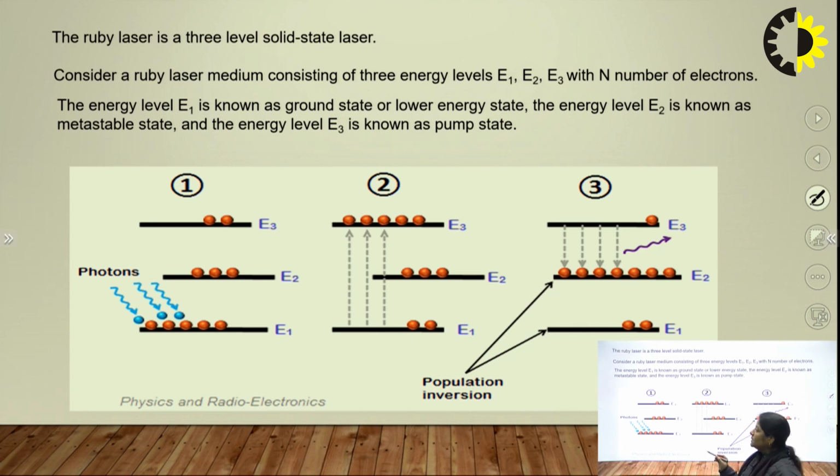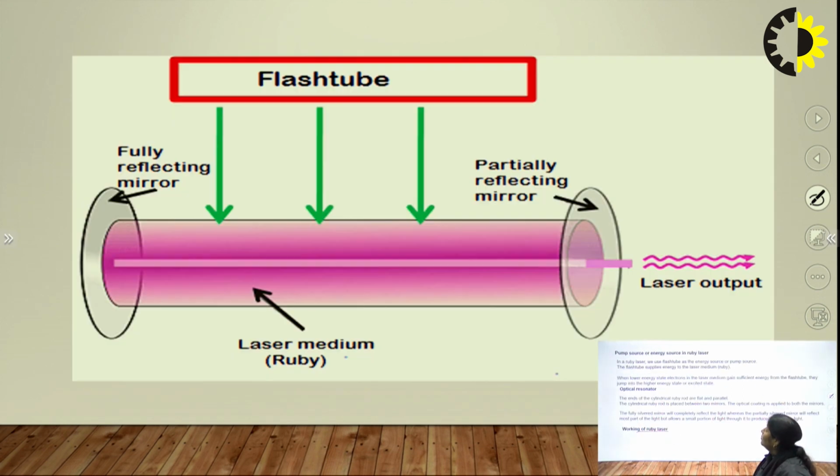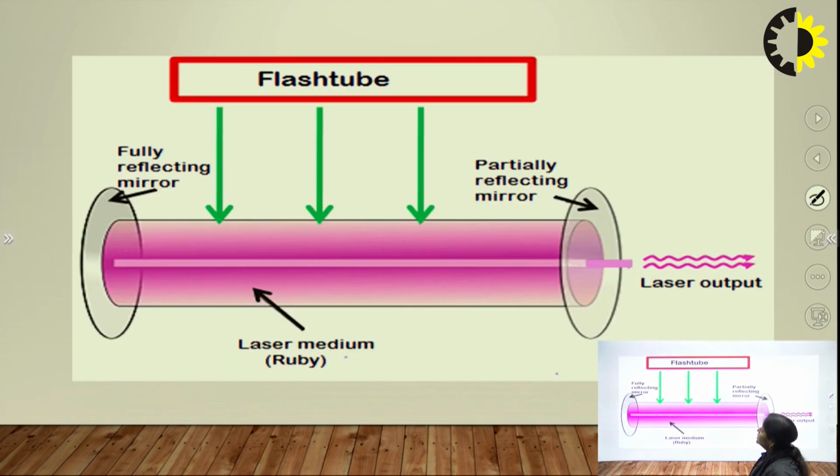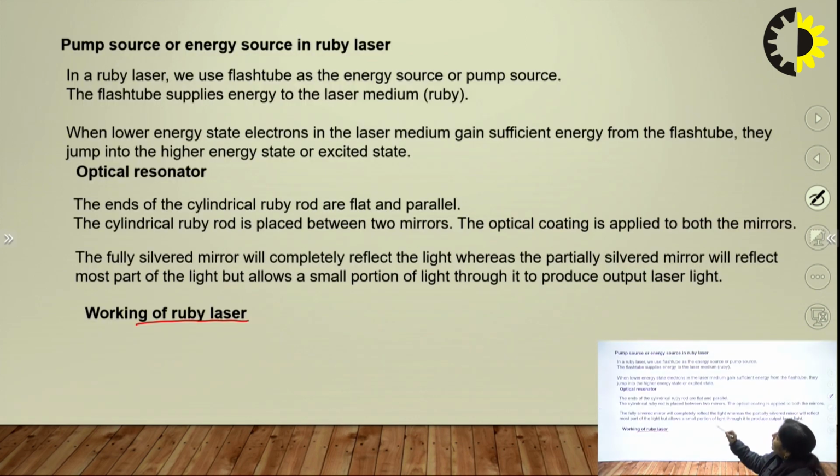What happens when the pump source, I forgot to tell you the name of the source. Here the laser medium is this ruby rod. Similarly, the pump source is the xenon flash tube generally.